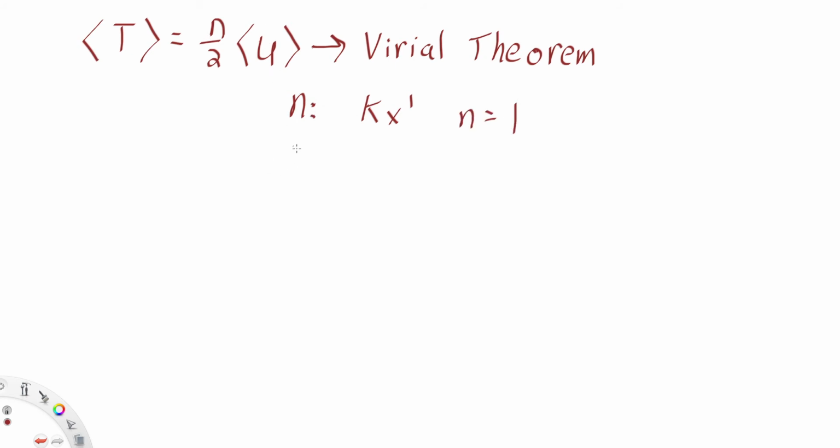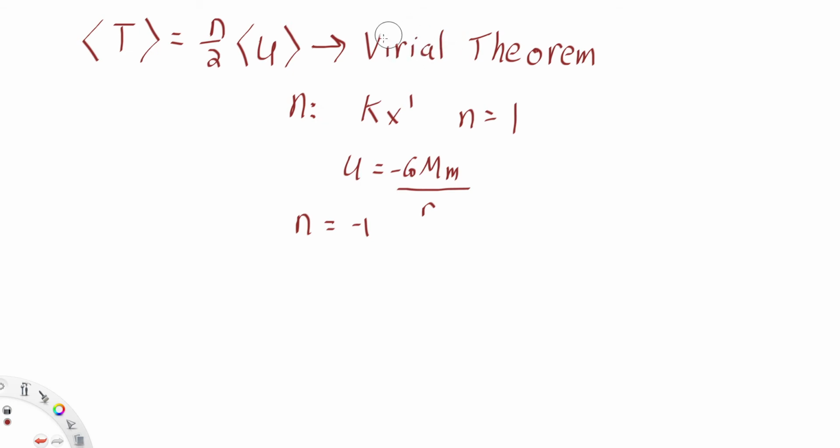If you've got gravity, where the potential energy due to gravity, well, now the exponent on the r is a minus 1. So for gravity, you get a minus 1 out. And then there are others.